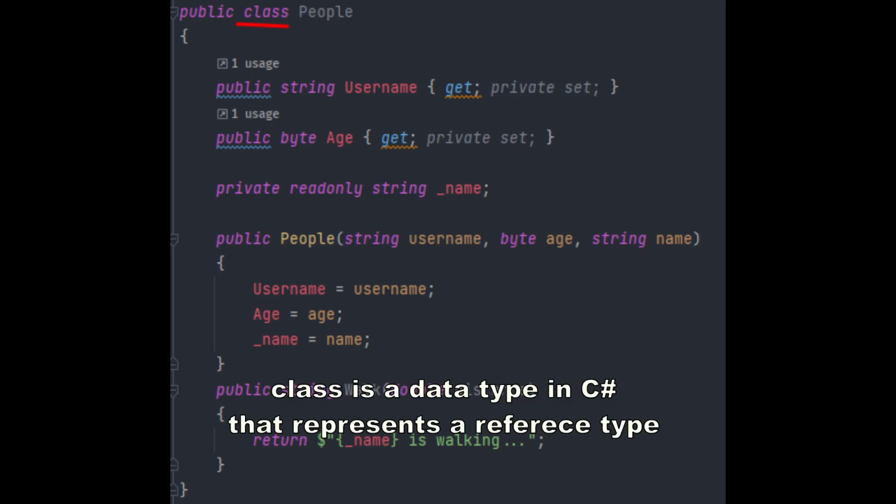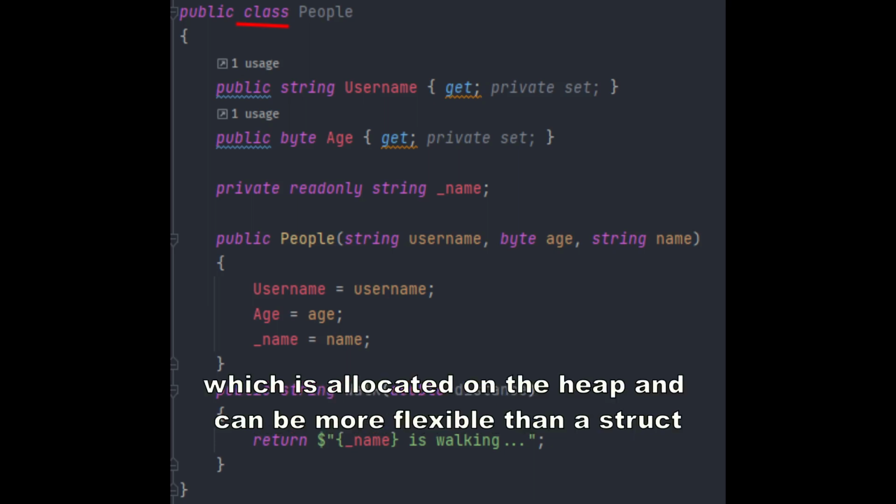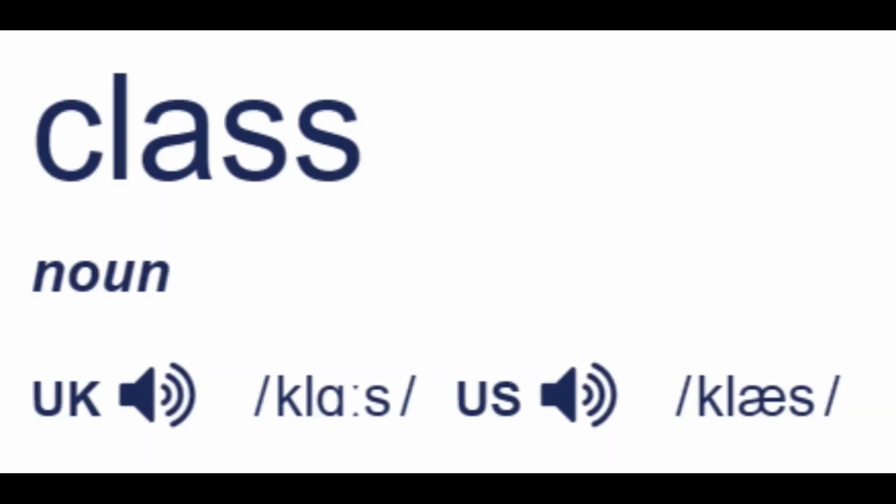Class is a data type in C# that represents a reference type, which is allocated on the heap and can be more flexible than a struct. Class.